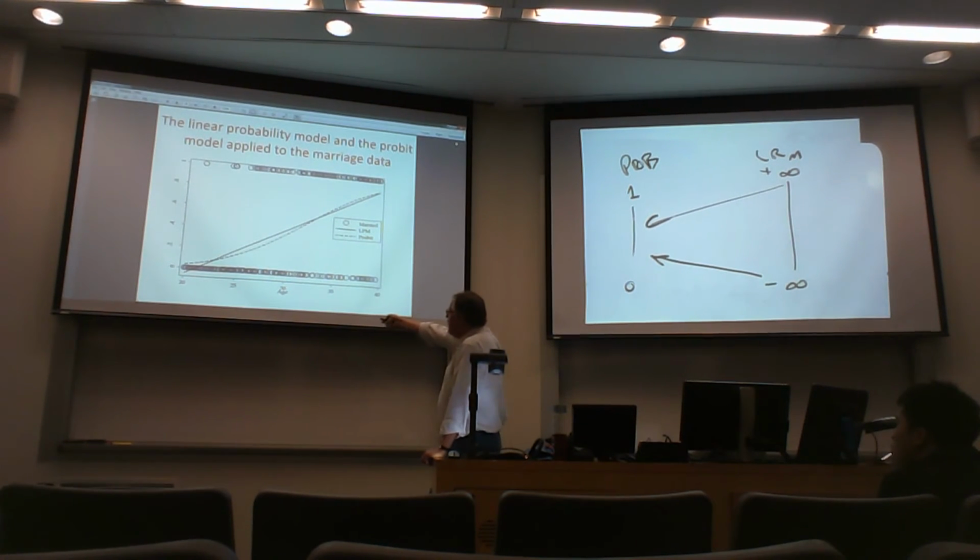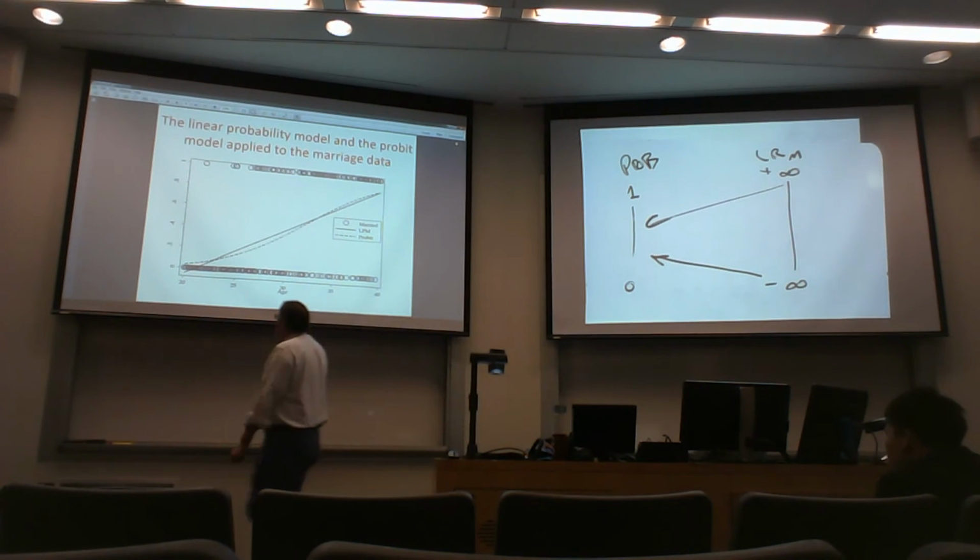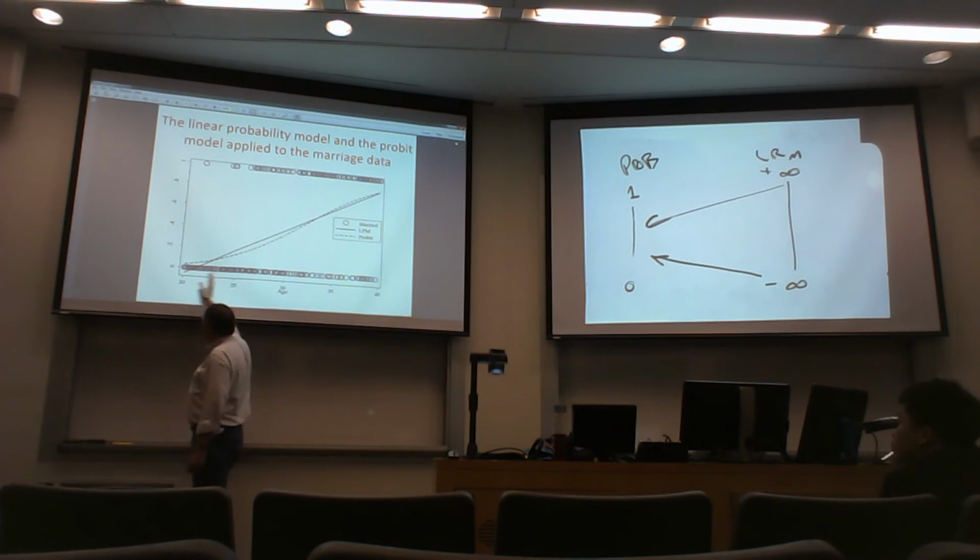If you plugged in 30, you get a similar prediction. You can't see it so much up here because the graph is truncated, but down here you can see it a bit. When you get in the tails of your data, that's when the predictions tend to diverge.